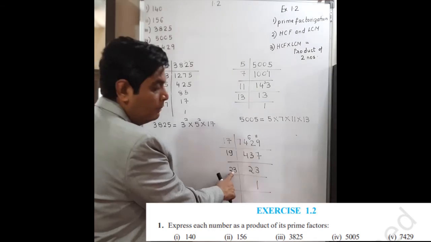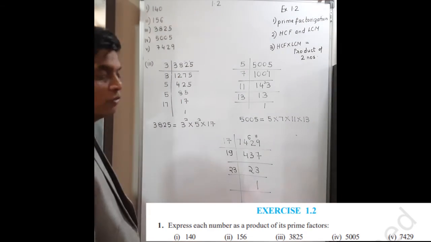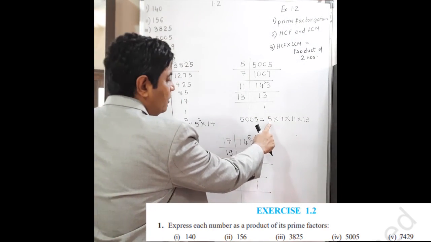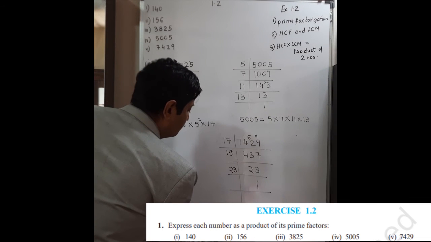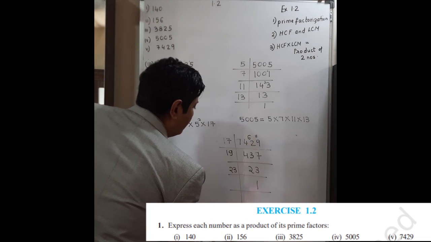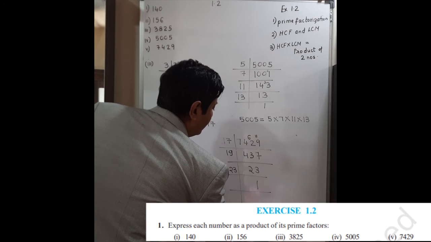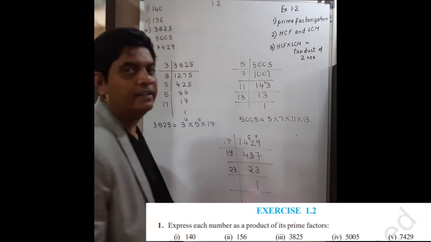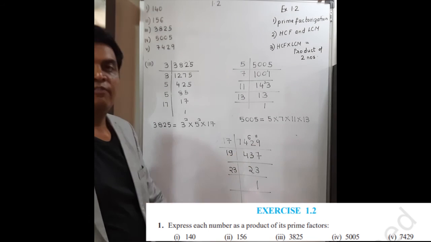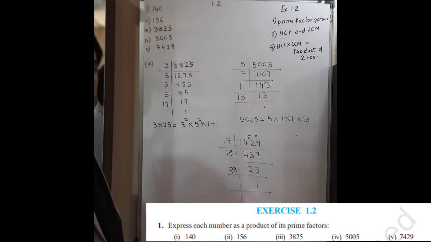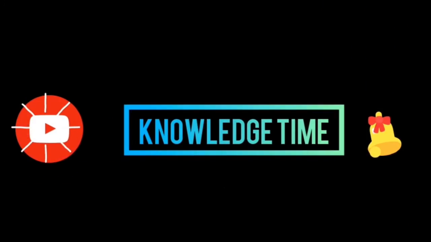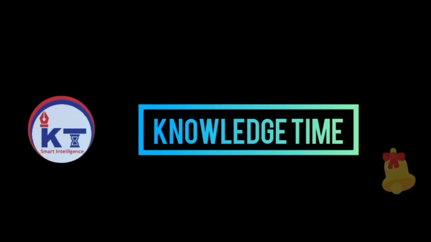And 23 being a prime number, it is 23. So 7429 can be written as 17 into 19 into 23. This is how we write the prime factorization of 7429. Please note down this sum.